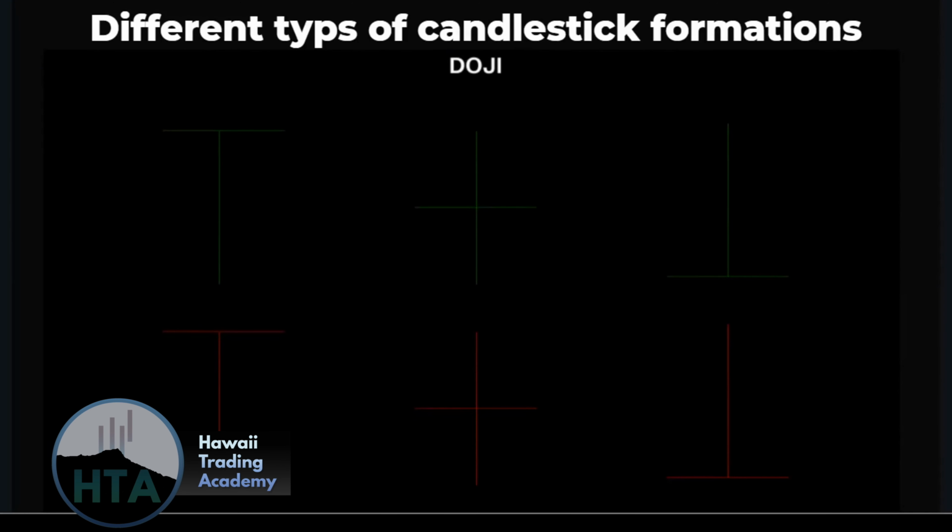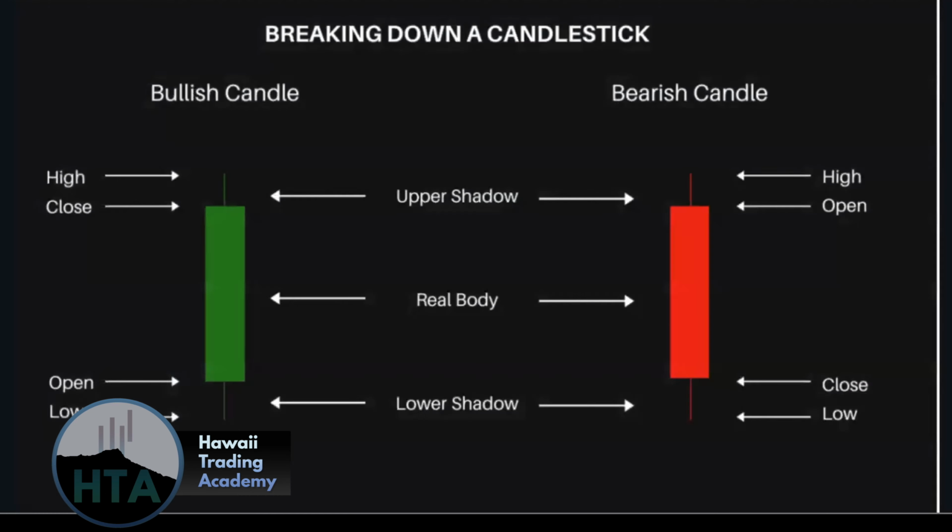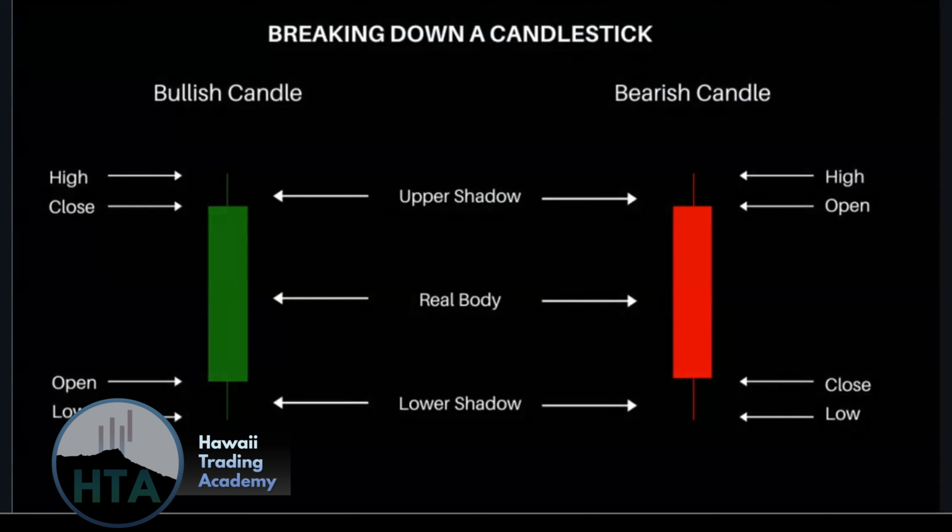candle formations, right? As you can see, it just looks like crosses and T's. You're like, what is that, Glenn? What the heck you showing me? Is that crosshairs, right? So going back to what price was doing, we have the high, the close, the open, and the low, right?